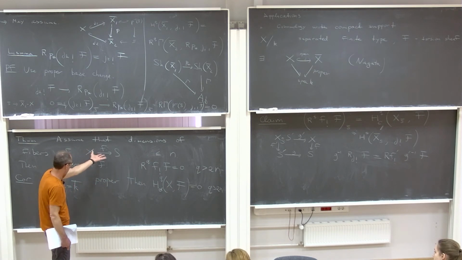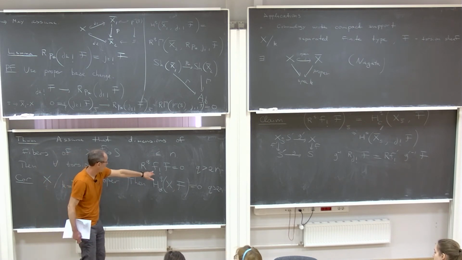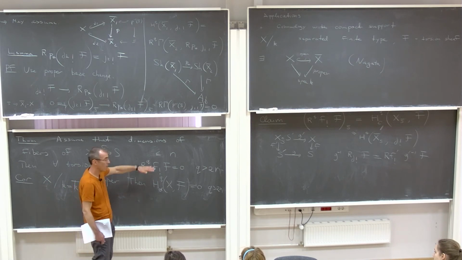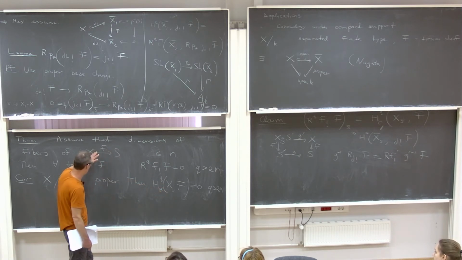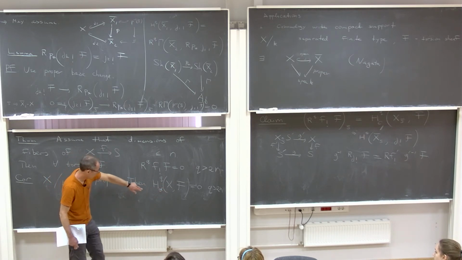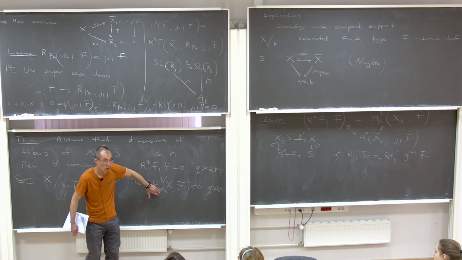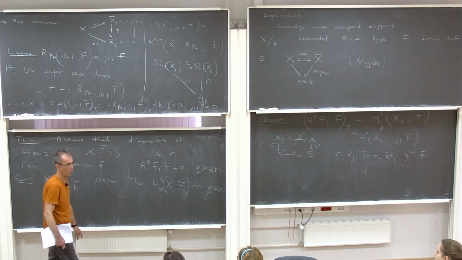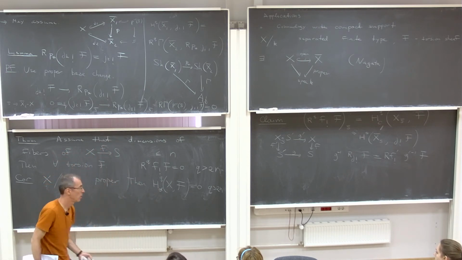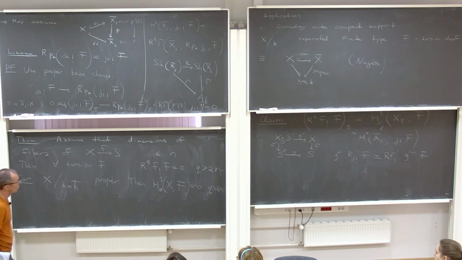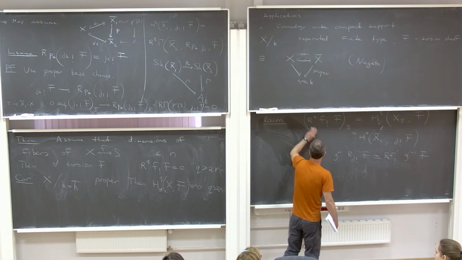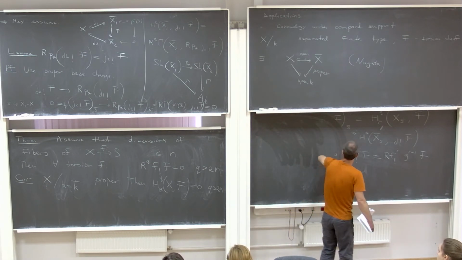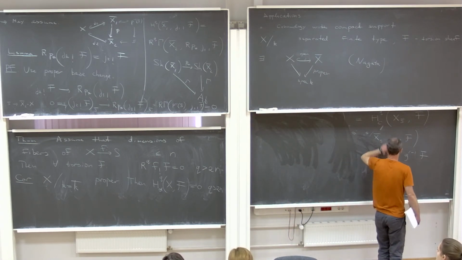So because the map is proper, f lower shriek is the same as f lower star, so we get this statement. And without the properness assumption, the same is true if you replace usual cohomology by cohomology with compact support. By the way, in fact it's true even for usual cohomology, but it requires more work.